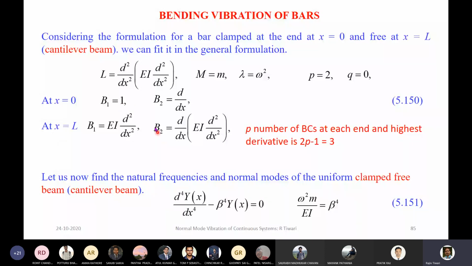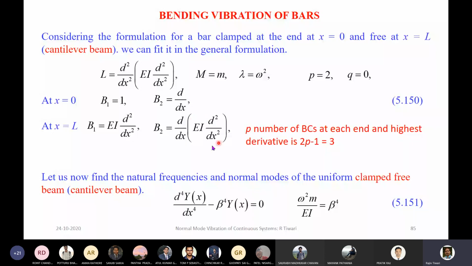For the cantilever case, this corresponds to displacement 0. This corresponds to slope 0, because slope contains one derivative of the displacement. At the free end, we have bending moment 0, that corresponds to this, and this is shear force 0, corresponding to that operator.